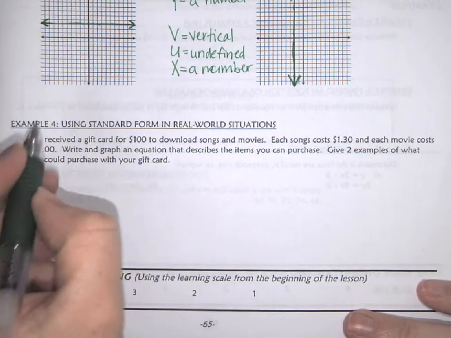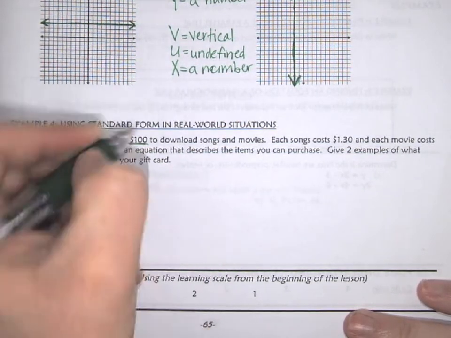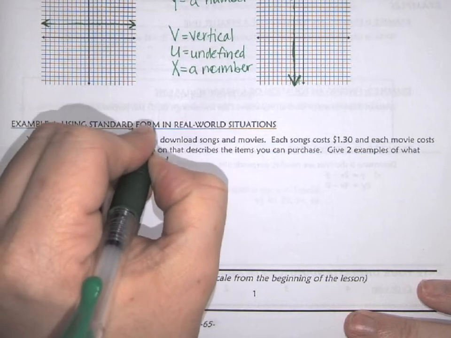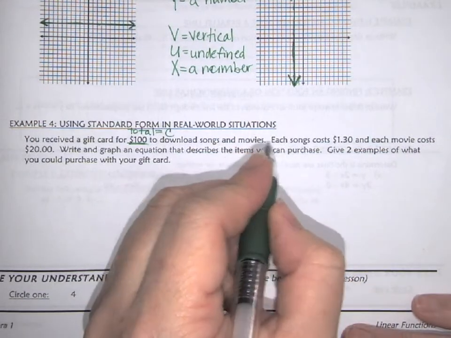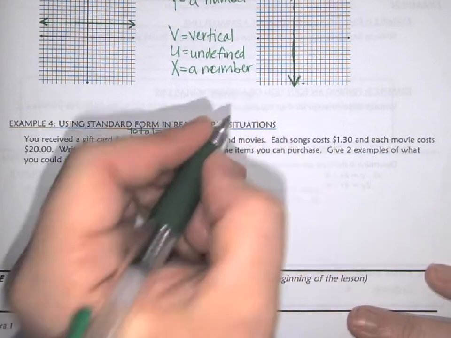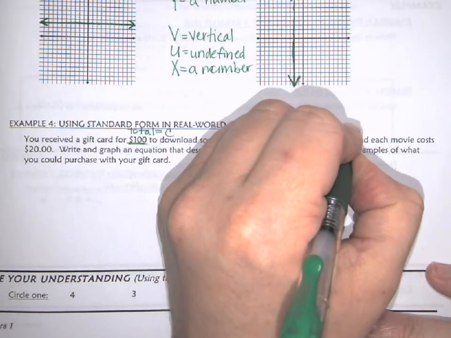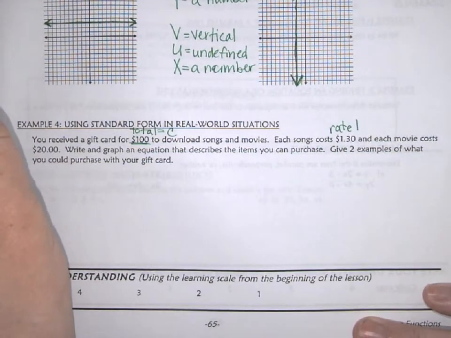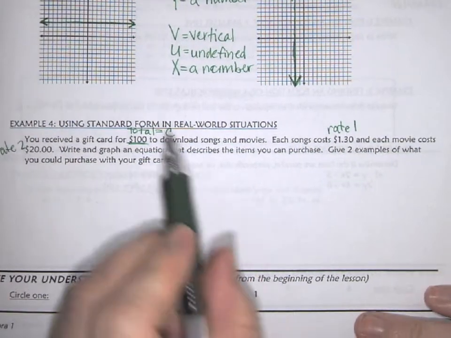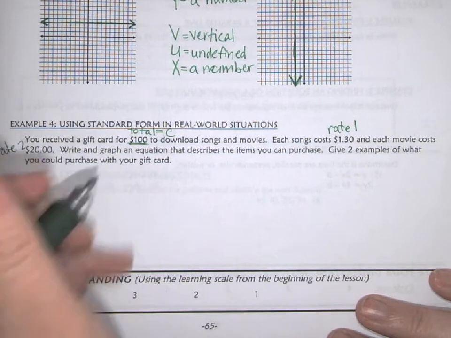So you received a gift card for $100. This is your total. That's going to be your C value. Each song costs $1.30, so this is rate 1. Each movie costs $20, so this is rate 2. So I have a total and two rates.